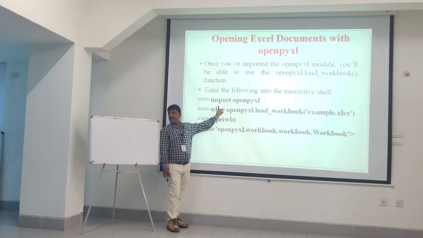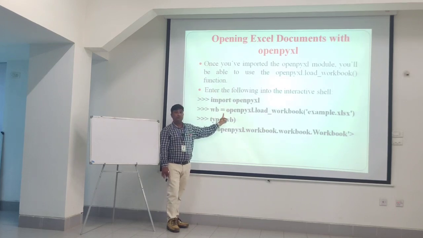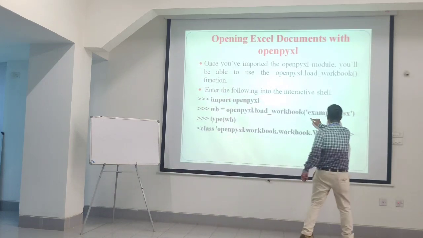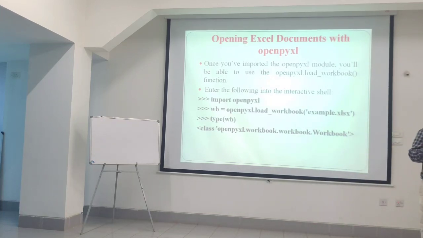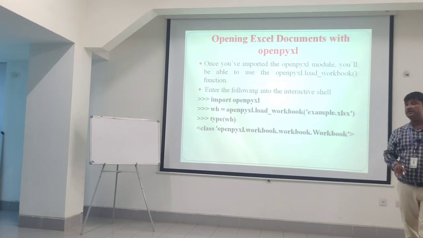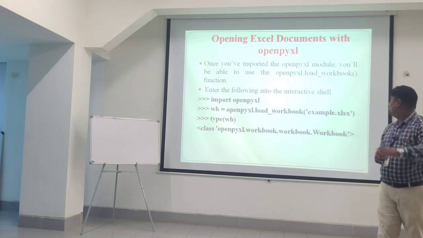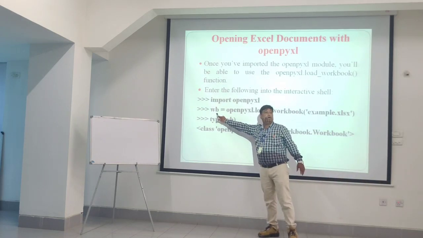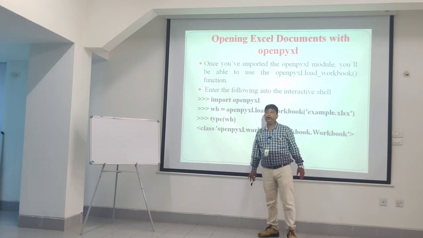The first line is import OpenPyXL. This is the module I am importing. Next, wb is equal to openpyxl.load_workbook('example.xlsx'). This example.xlsx is a file that contains data in columns A, B, C. That entire data is loaded into one object called wb, which we call a workbook object.